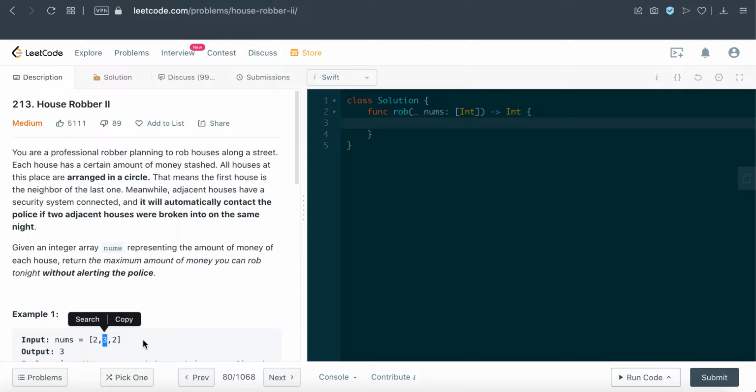The only difference between this question and the first one is that the first and last house are connected, and we avoid that by creating two sets of houses and calculating the maximum amount of money from both. Then we know which one gives us the highest money, while avoiding being caught robbing the first and the last house.